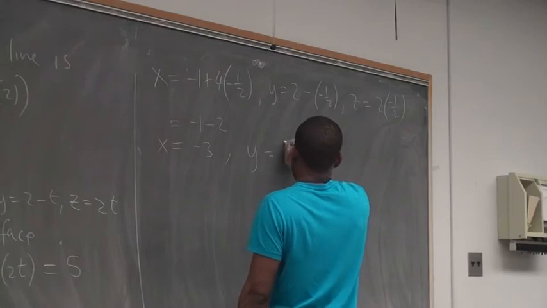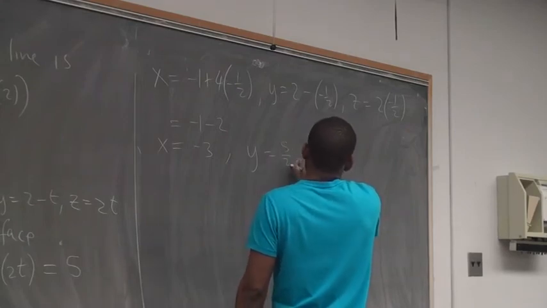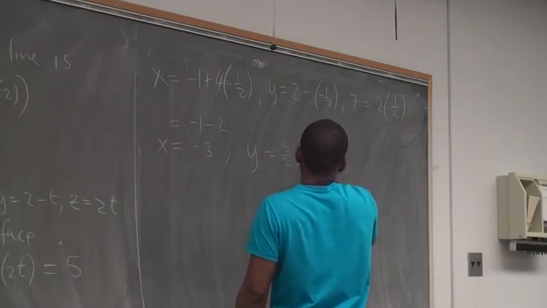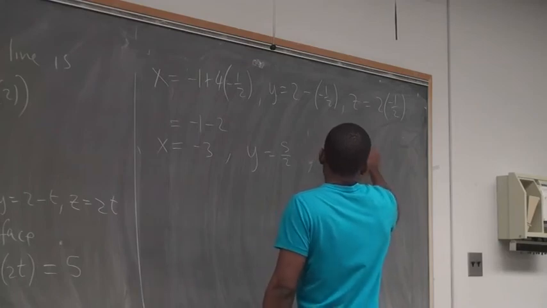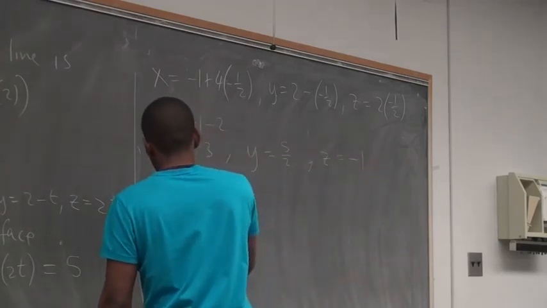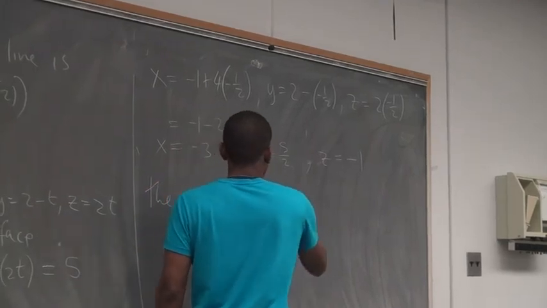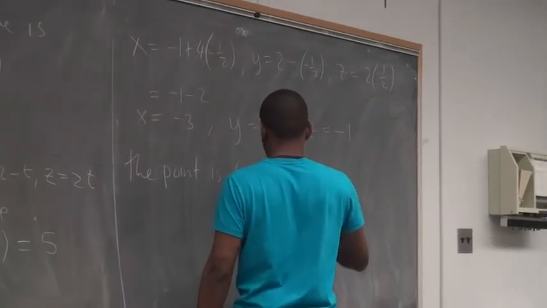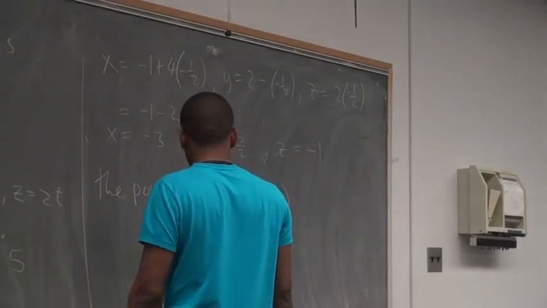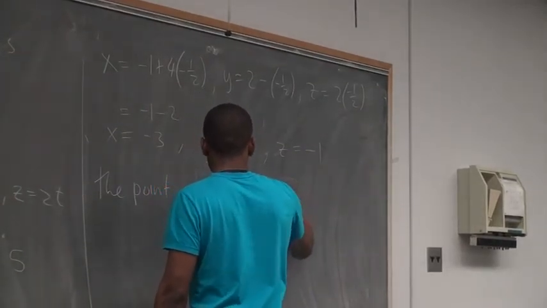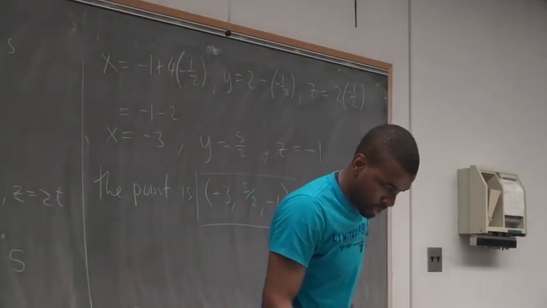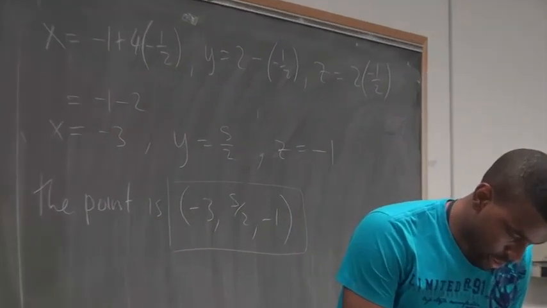Two plus a half is what? 5 over 2. And z would be minus 1. So the point is minus 3, 5 over 2, minus 1. And I guess we'll stop there.